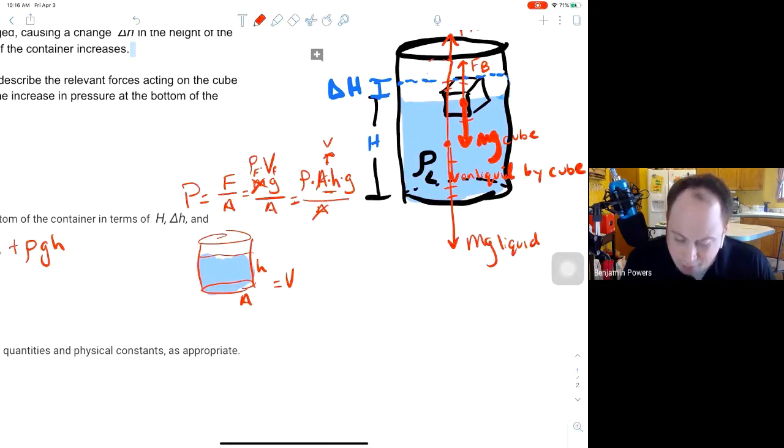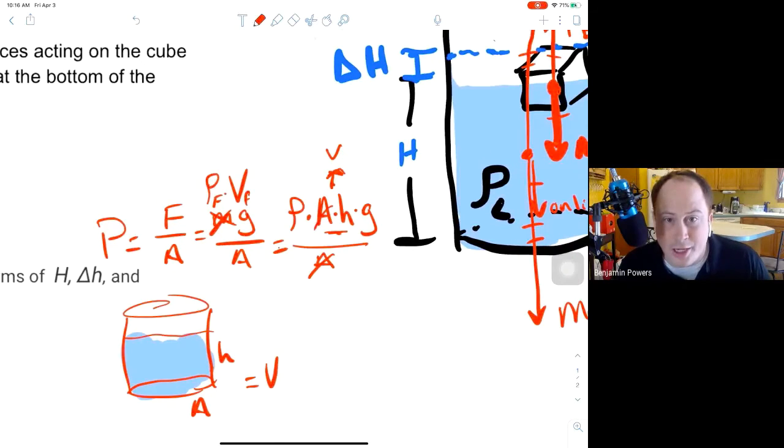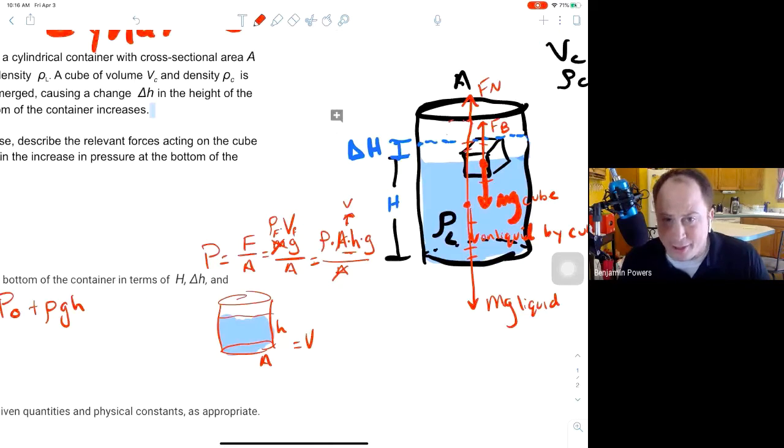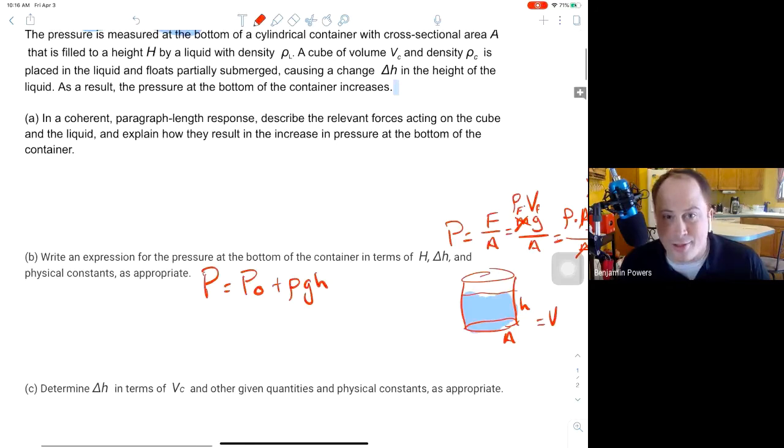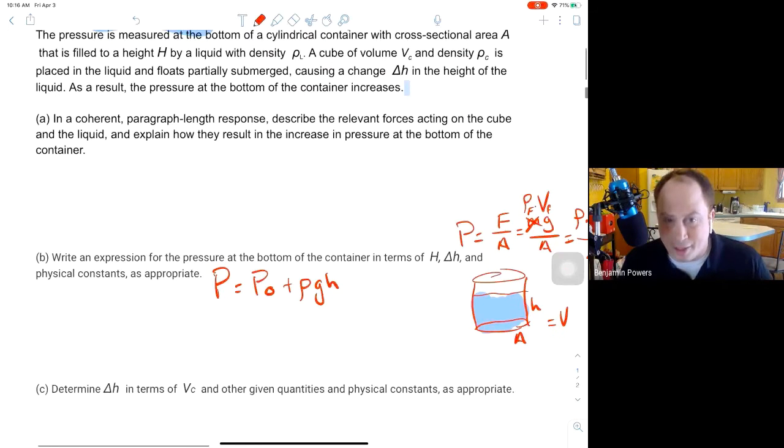Well, there goes your area. And so rho GH that I'm left over with, rho GH is the way of expressing that pressure. I want to back up, and we did that derivation right at the beginning, but when you jump to this, it's not that obvious where rho GH is coming from, at least if we haven't reviewed this stuff yet.